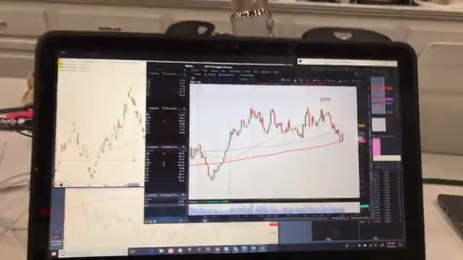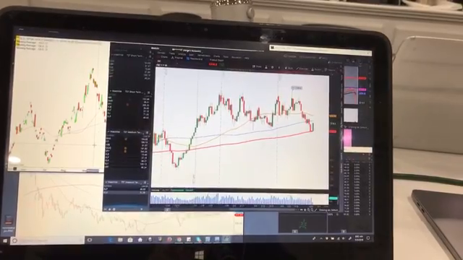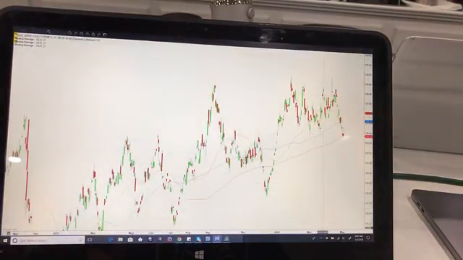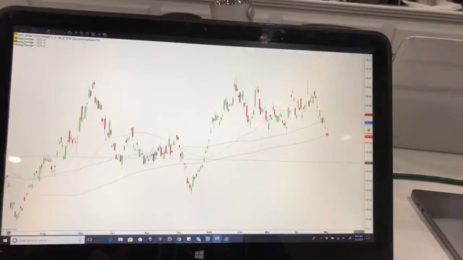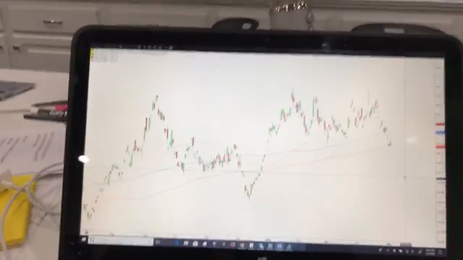So let me turn around the camera, and what you can see here is, let's first start off with a very basic chart of what the actual GLD ETF looks like. And again, keep in mind that gold is a notoriously choppy thing, at least in my opinion.